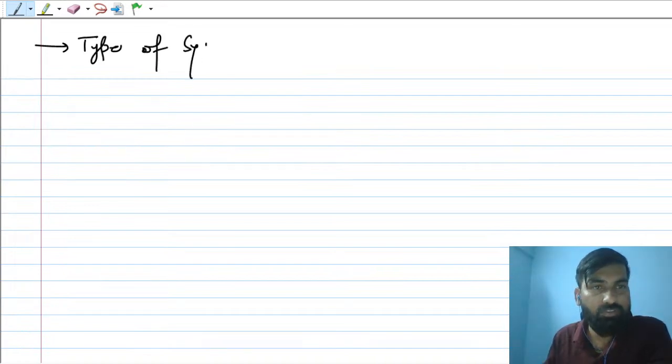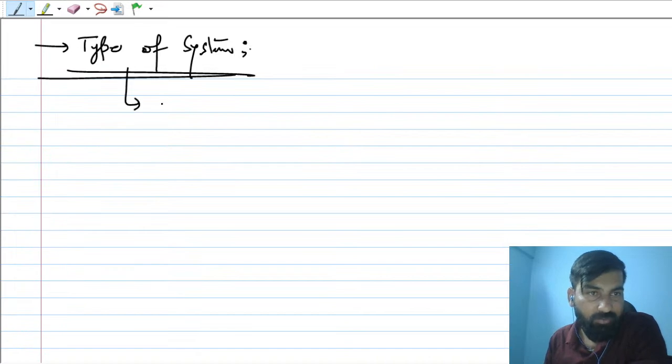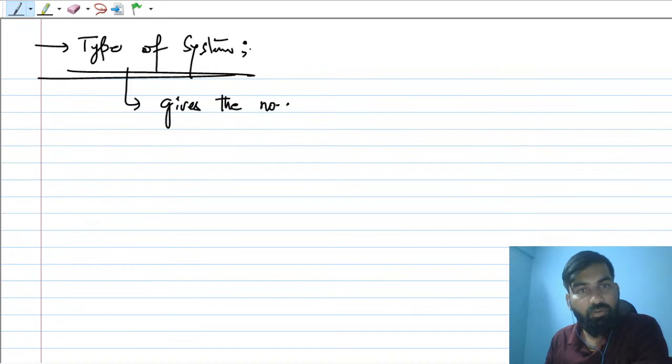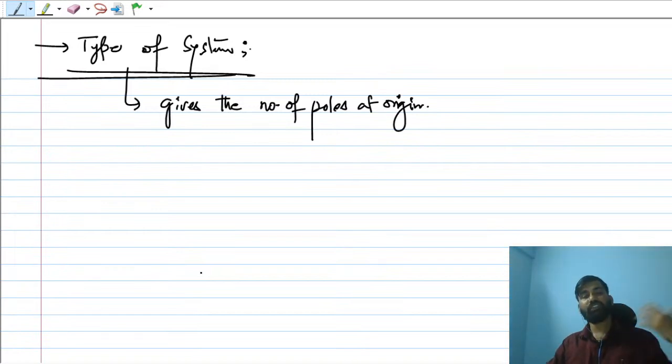The type of the system gives the number of poles at origin, right, because we can also write the transfer function in terms of poles and zeros, right. So you can convert into poles.